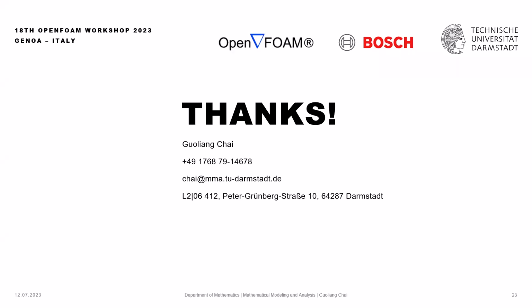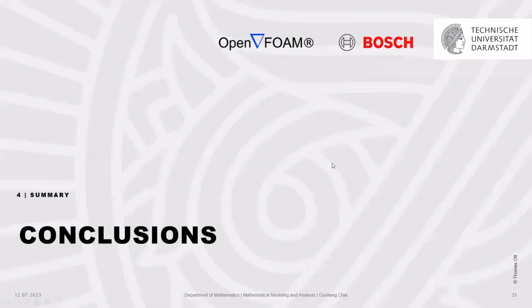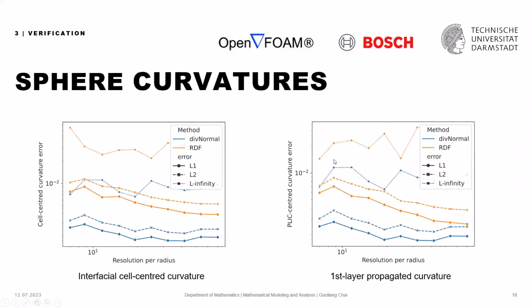Height function. Actually, in two-phase flow, they have a curvature model using a height function, but it only works on hexahedral mesh. Height function is something like this. So if you see the sphere curvature, it can converge to about first order.